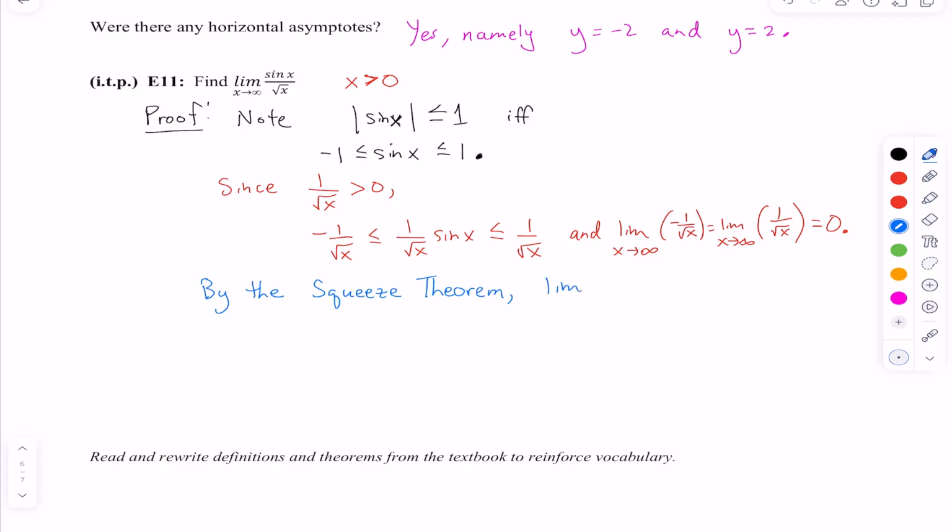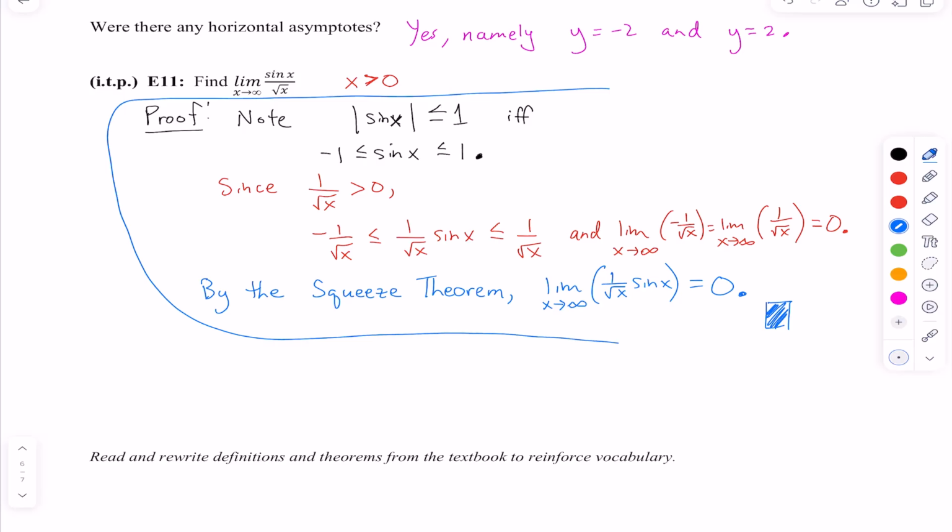That means the limit, as x approaches very large, of 1 over square root of x times sine x has to go to 0. And that is a proof for finding the evaluation of this limit. Make sure you're writing those sentences in order. Make sure you have a capital letter and a period to indicate those sentences.